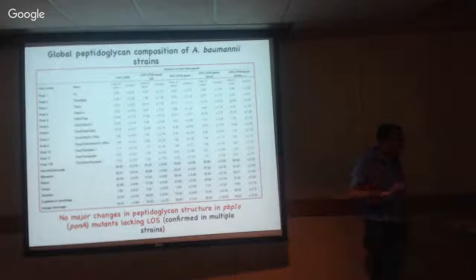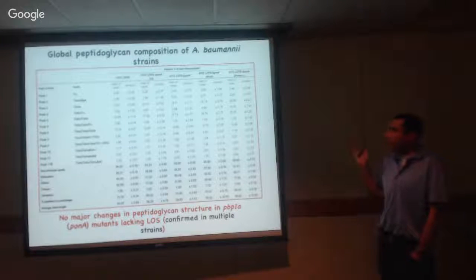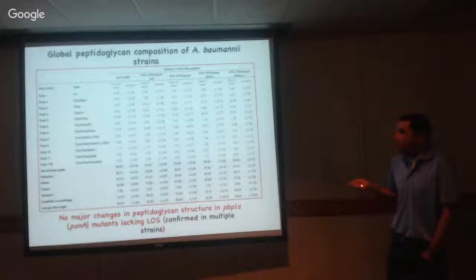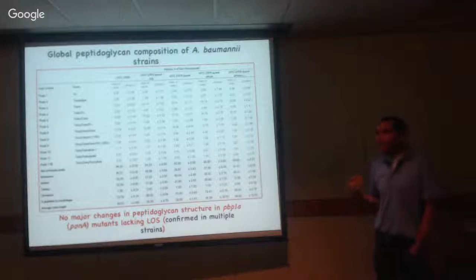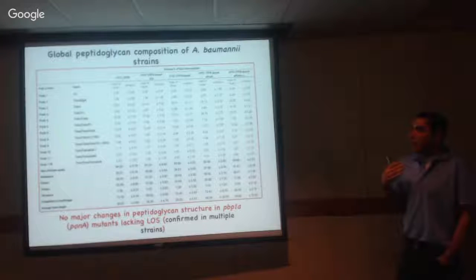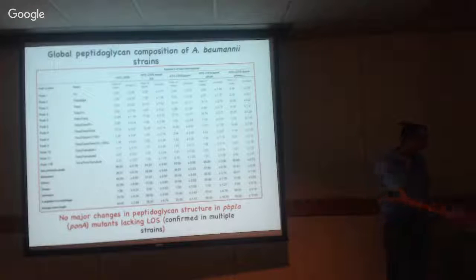So yeah, at this point we didn't really know what to do next. We were wondering, okay, how is this changing the cell to allow it to survive without LOS? And we were somewhat frustrated at this point, but we just decided to go ahead and look at some transcriptomics from these various cells and take a more global approach to what's going on in the cell.